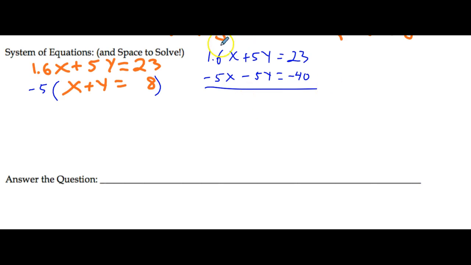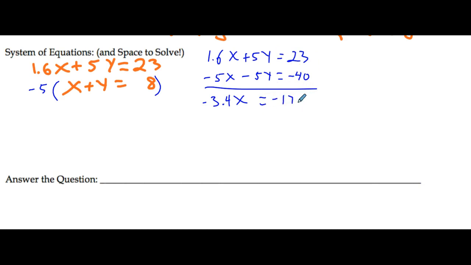And then we can just add straight down, which gives us 1.6 minus 5 is -3.4x. 5y minus 5y is 0, and that equals -17, because 23 minus 40 is -17.